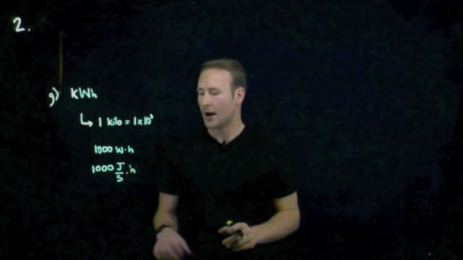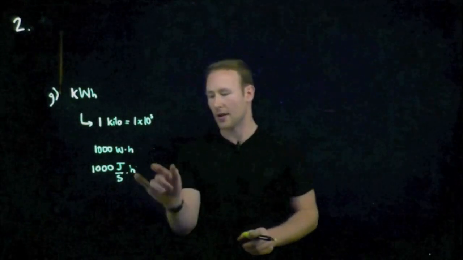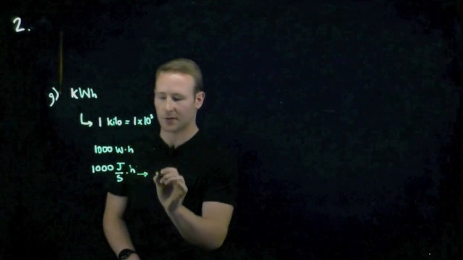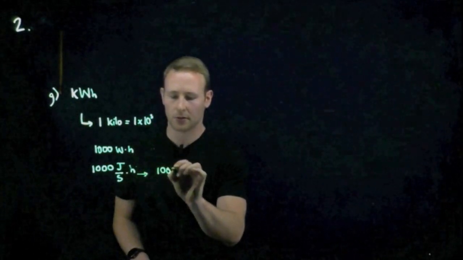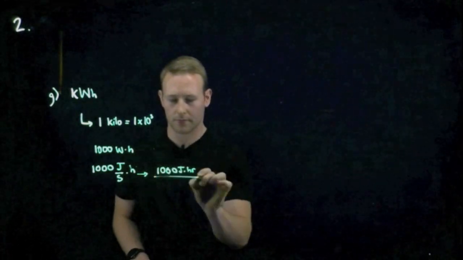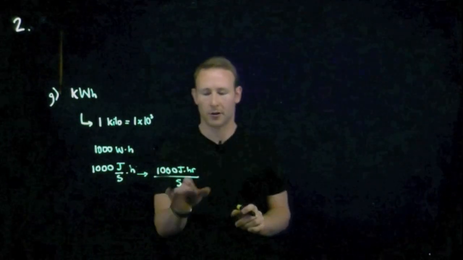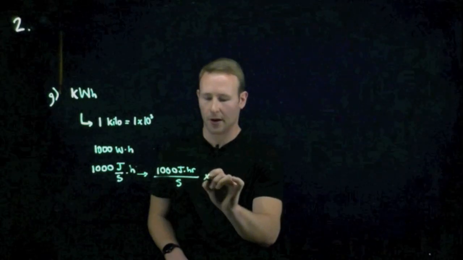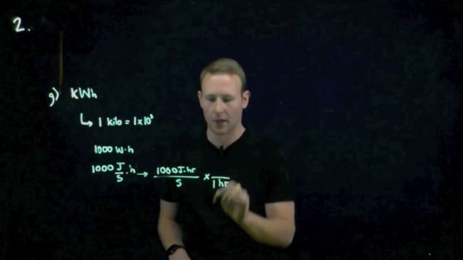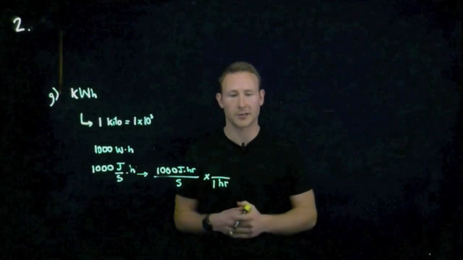Okay? Now, as you can see here, we have time on top and time on the bottom. To analyze this a bit further, we're going to write this down, and we're going to see what we can do to cancel these out. So let's write hours on the bottom. And we're going to go with a unit that we know is equivalent to 1 hour.